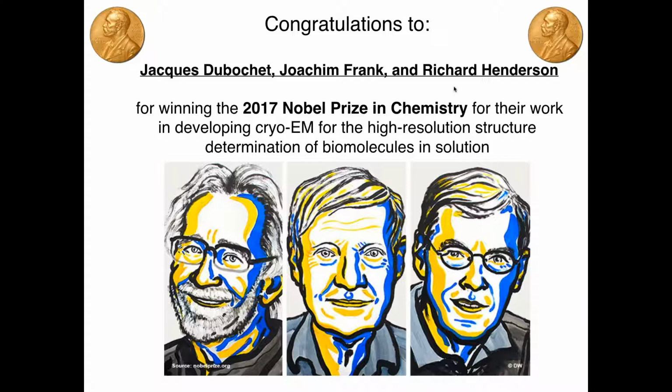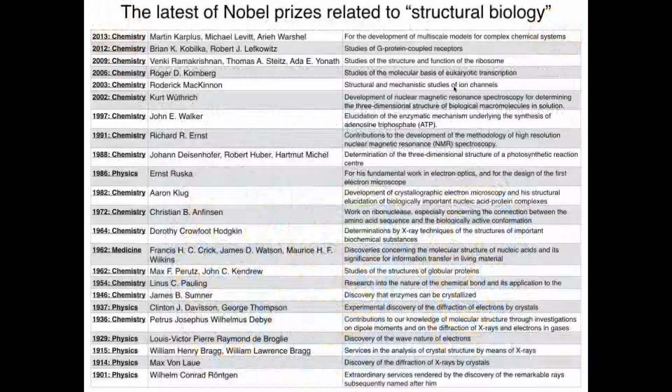So Jacques Dubochet for early vitrification technology, Joachim Frank for a lot of the computational methods, and Richard Henderson for a lot of the first high-resolution structures and a lot of the theory and really vision underlying EM. This is just the latest of, I think I counted something like 25 Nobel Prizes that are in one way or another related to structural biology.